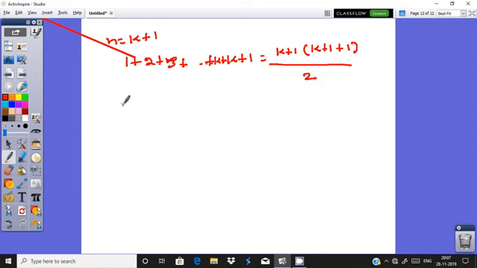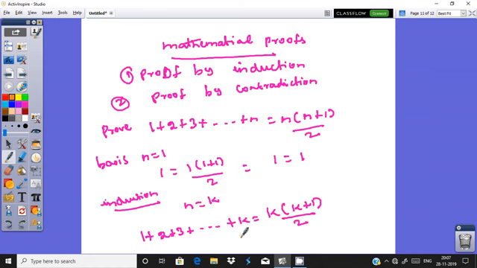So rewrite this; the earlier portion is substituted by this formula, that means the sum up to k is k into k plus 1 by 2.